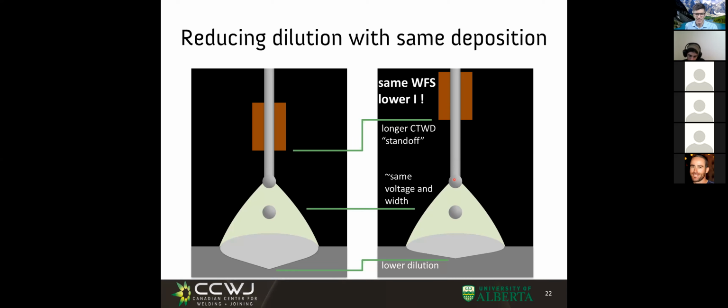And see what happens. Because the arc length is the same, the width is the same. Because the wire feed speed and the travel speed are the same, the amount of material deposited is the same. Therefore, my bead is the same as before. But because the current is lower, I have less penetration, and then I have less dilution. What do you think? This is amazing. Magic.